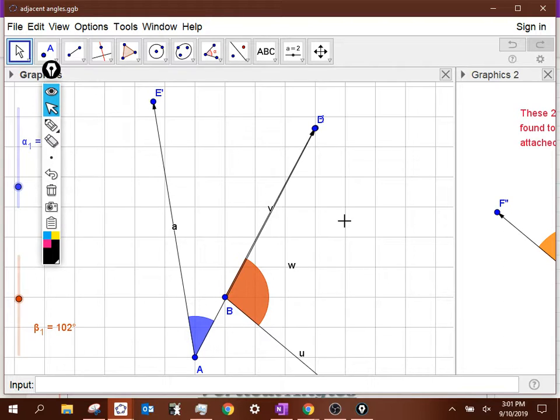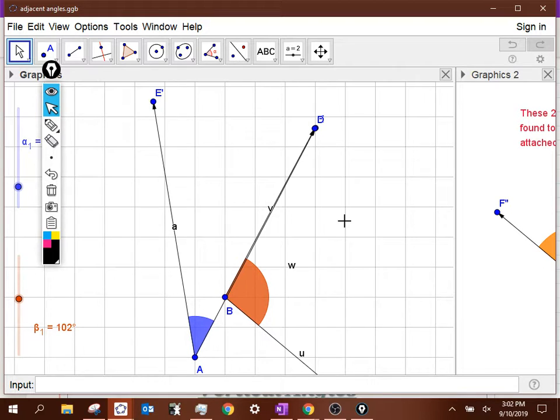Yep. Okay. Now, I wouldn't identify it as, that blue angle is going to have like ray AB or AD. I think it's D up top. And then the orange angle would have ray BD. So because they start at different vertices or different endpoints, we probably wouldn't call them the same ray. So that maybe is a violation to some extent.